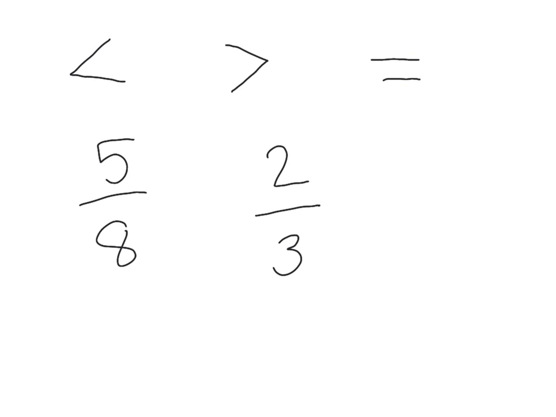So I'm looking at the 8 and the 3, and I'm thinking to myself, what is the least common denominator? So I know if I start with multiples of 8, I have 8, 16, 24, and I know that 3 also goes into 24. So my common denominator is actually going to be 24, which I also could have found just by multiplying the 8 and the 3.